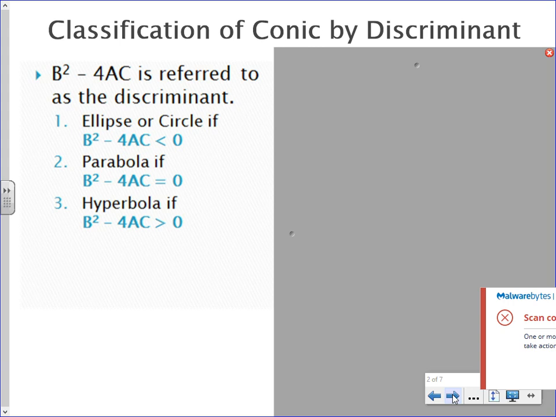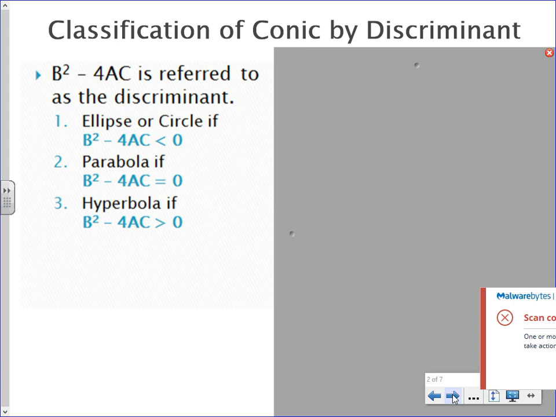Now you're welcome to still use this if we have a regular conic. You just wouldn't have a B because there's no xy term, but it'll still help you. But I think it's more work than just looking at the coefficients, but it's not a problem. The only thing is if it's a rotated conic, we will not know the difference between an ellipse and a circle until we get to our final step.